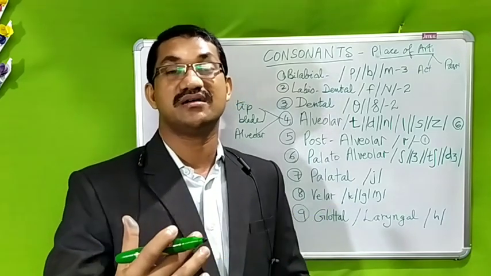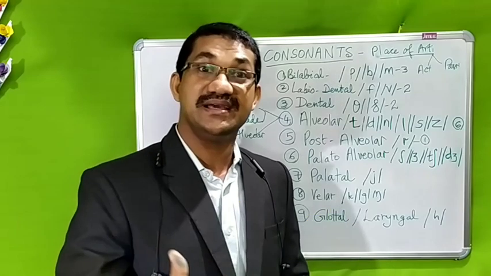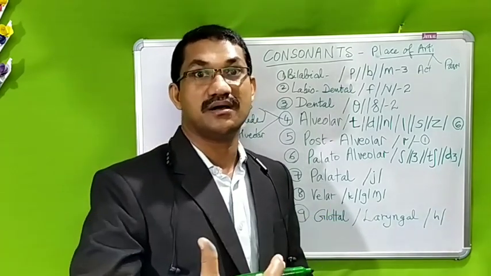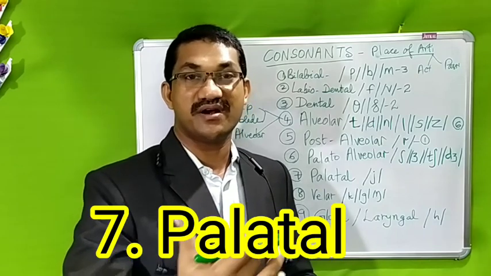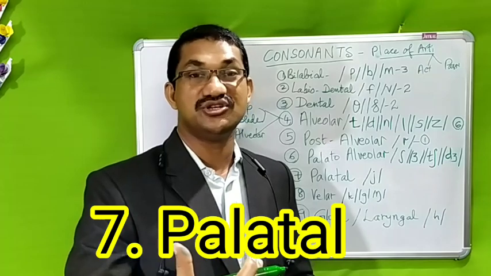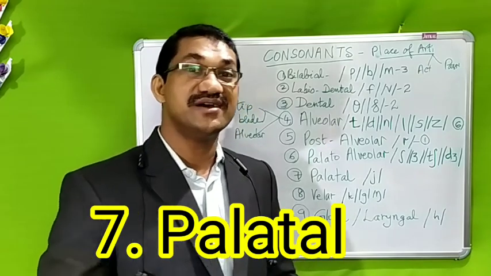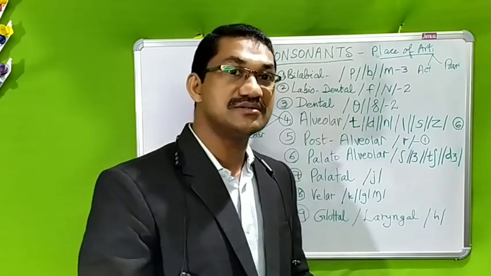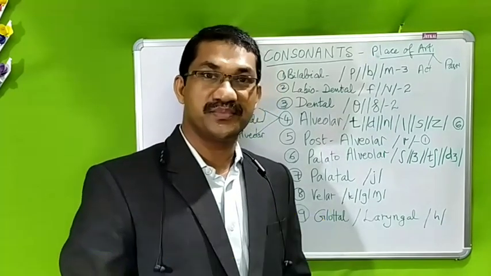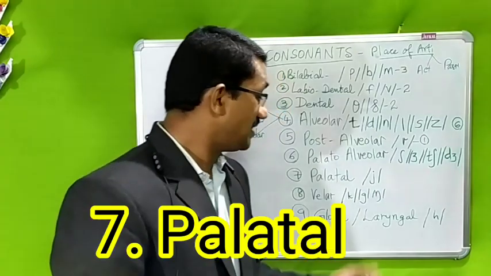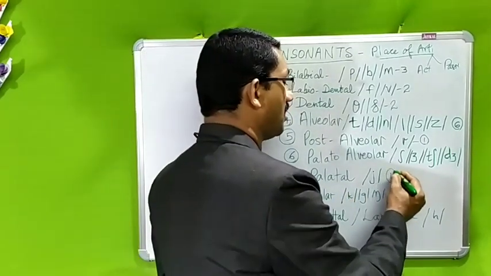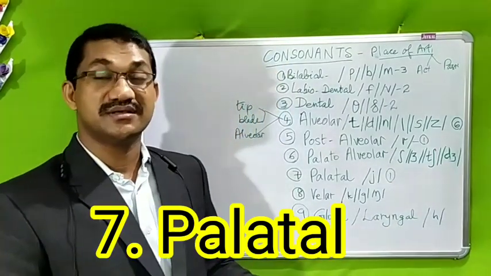The blade of the tongue is lifted towards the palate, the hard palate, and there is a slight fronting towards the front part of the roof of the mouth, that is of course the upper teeth, and we say the sound yesterday, yes, yahoo, yam, yield. Alright, and we have the palatal sound, just one in number.